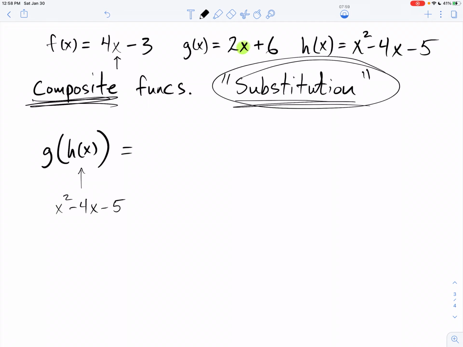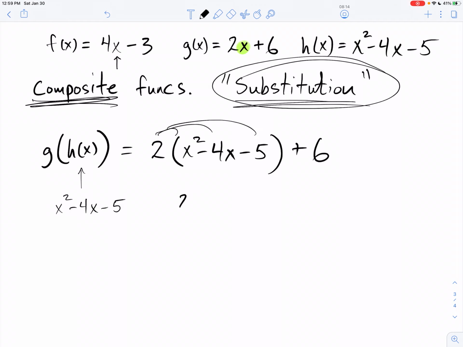So what does g do to stuff? G says, whatever you give me, in this case, you're going to plug h in. I'm going to multiply you by 2. I'm going to add a 6 to you. So let's clean it up. Let's make it pretty. And what do we get? 2x squared minus 8x minus 10 plus 6. So smush it down, make it smaller.